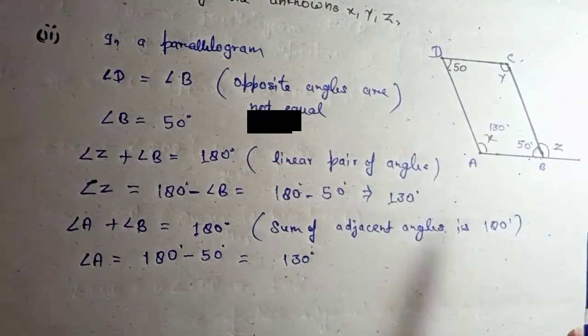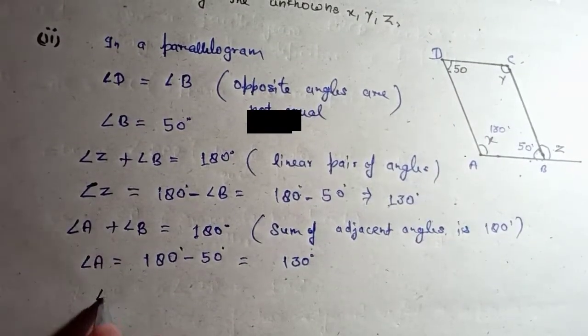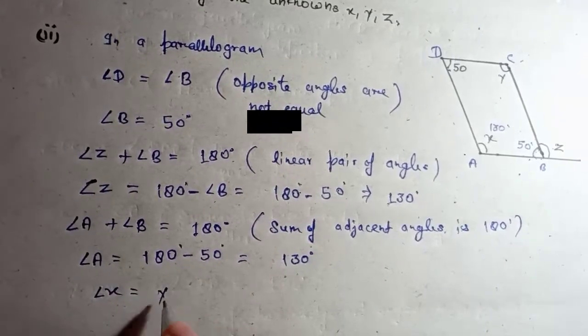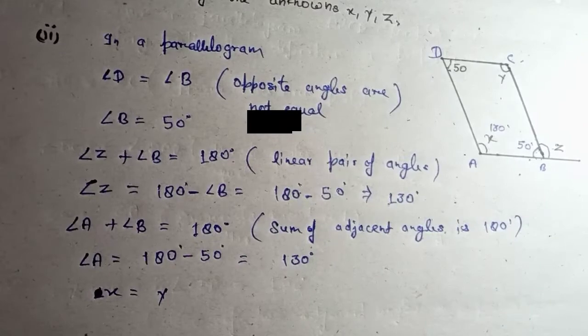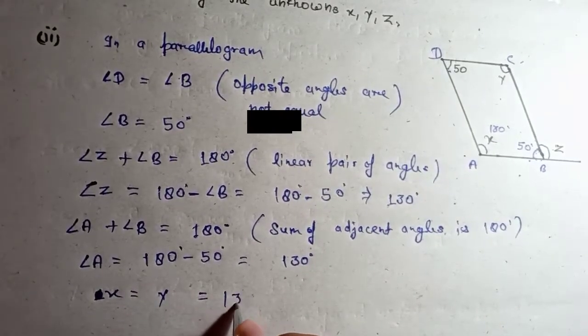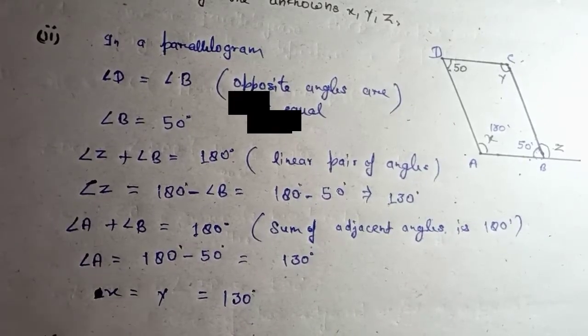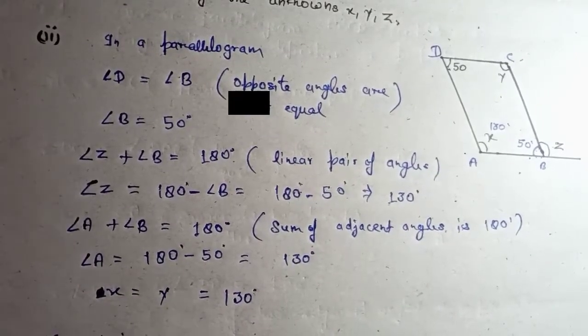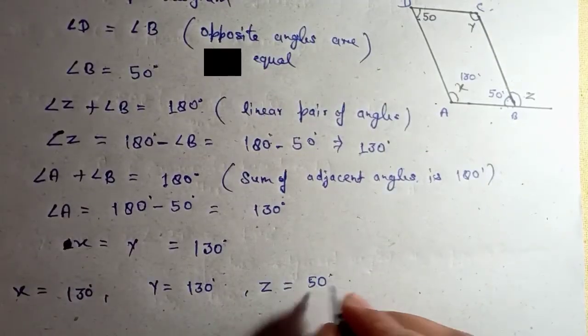And here angle Y is the opposite angle for angle X, so angle X is equal to Y. You can write X is equal to Y, and that is equal to 130 degrees. So X is equal to 130 degrees, Y is equal to 130 degrees, and Z is 130 degrees.